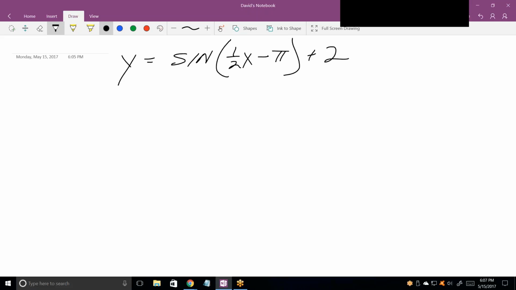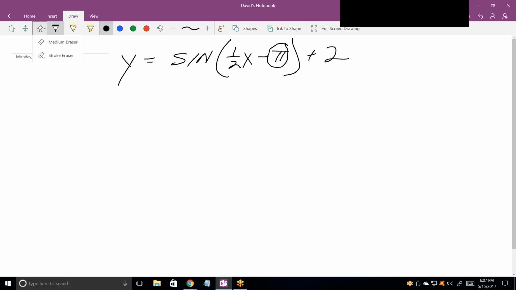Now, the reason it matters is it doesn't change b. b is still 1/2, so it doesn't change the period. What it does do is change the phase shift. Pi is not the phase shift. If I want this thing to be the phase shift, then I got to get this 1/2 outside the parentheses in front.